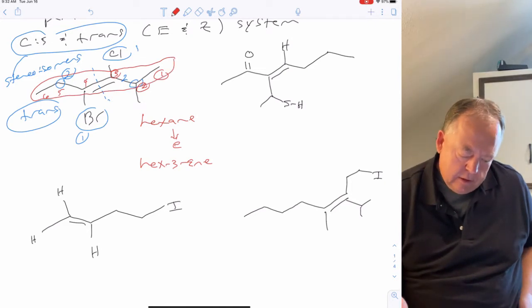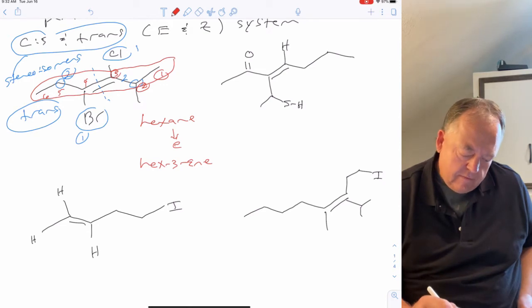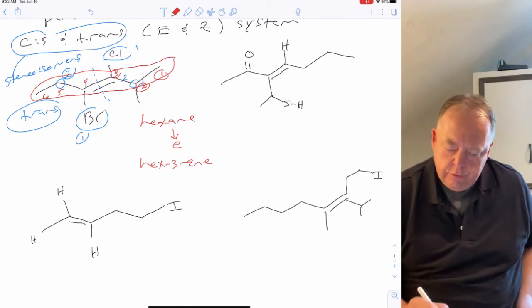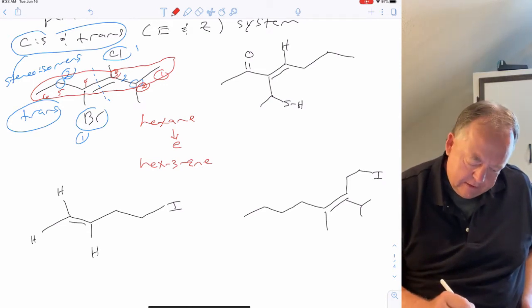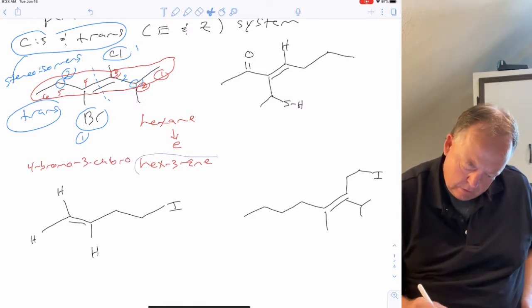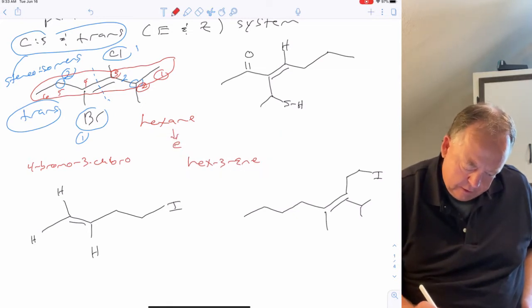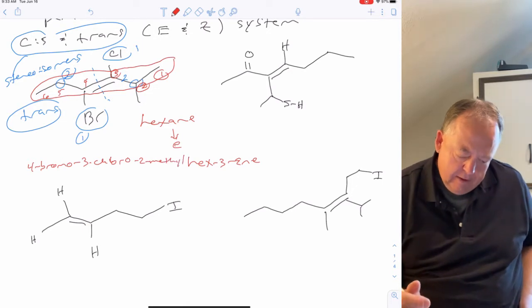Then we have to name the substituents. On carbon 3 there's a chloro, on 4 there's a bromo, and on 2 there's a methyl. Alphabetize those: 4-bromo, 3-chloro, and then 2-methyl.